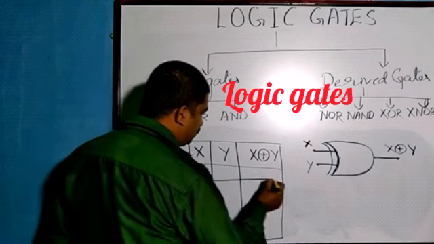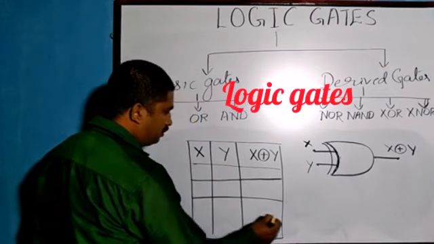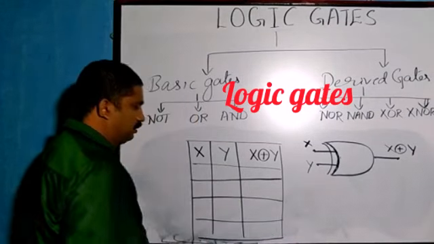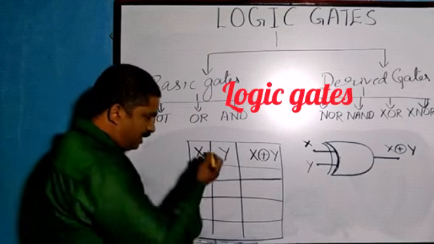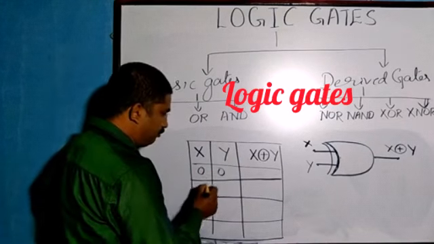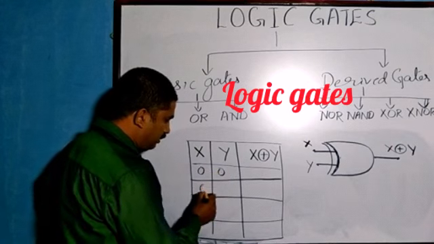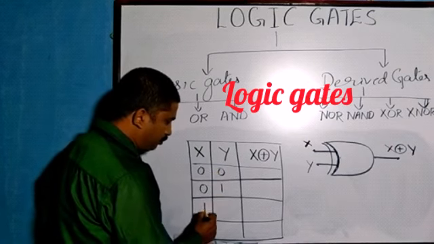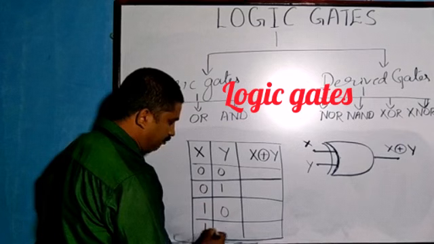Now just place the input signals. For 0 in binary number 0 0, for 1 that is 0 1, for 2 1 0, for 3 1 1.